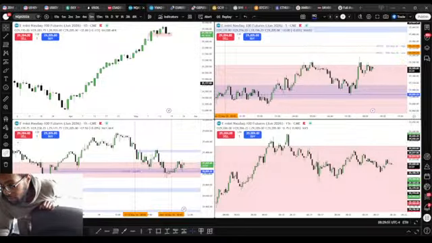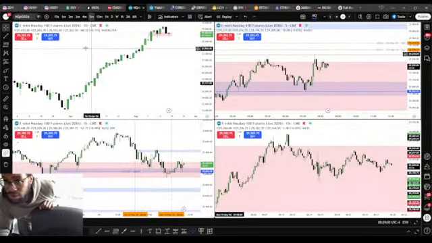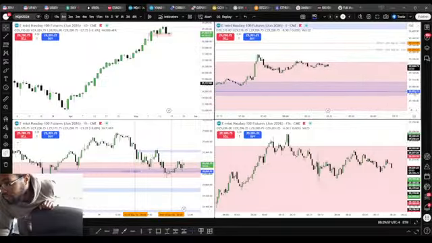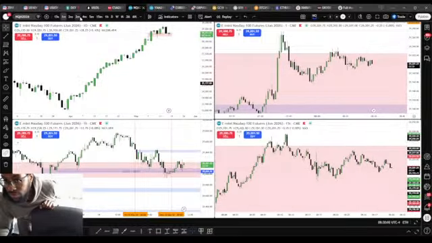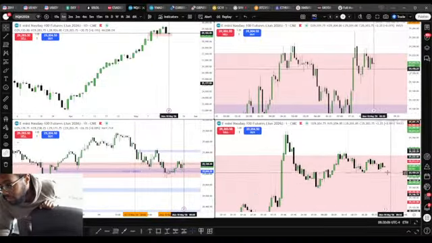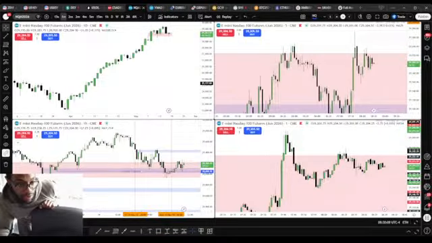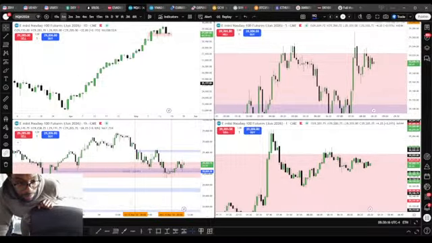Market's open in 10 minutes. So far, I'm not a fan of this price action on the 5-minute time frame and the 1-minute time frame also. What I'm going to do though, I'm just going to leave this as the 1-minute time frame and use the MNQ. Pardon me.